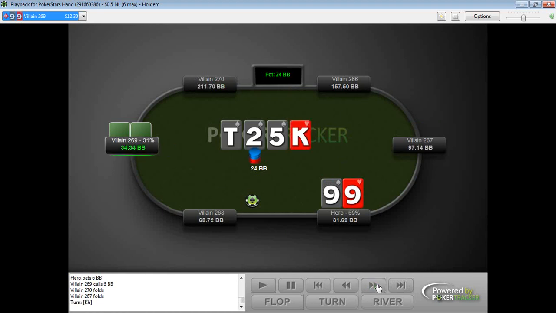And a king comes out now. Well, what's he calling with here? He's small blind. We can take overpairs out of his range. Ace 10 could be betting there. Doesn't really have any two pairs.